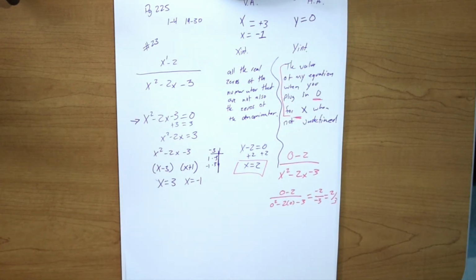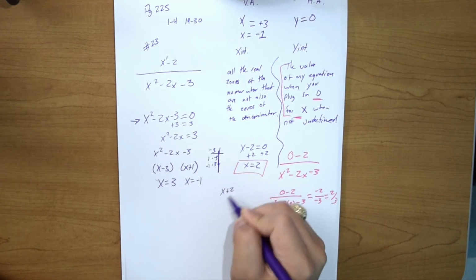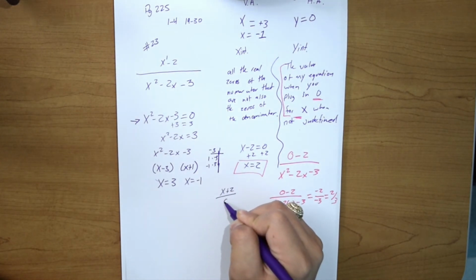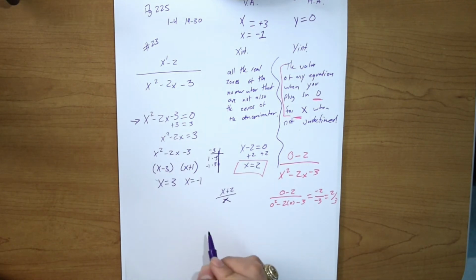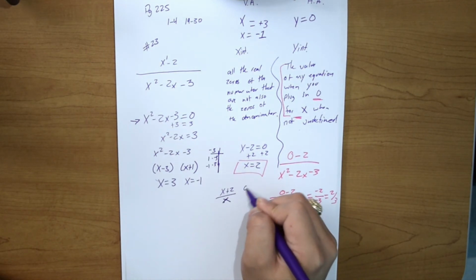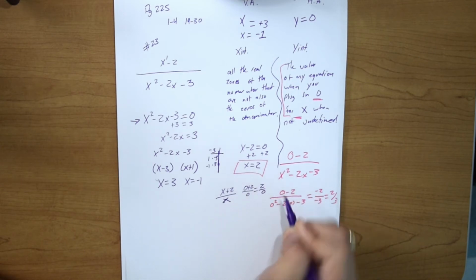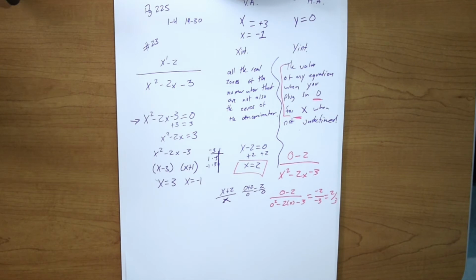But what does it mean when it's talking about undefined? Well, let me show you another example. If I were to do x plus 2 divided by x, then in this case I would do 0 plus 2 divided by 0, which is 2 over 0. Can I ever divide anything by 0?